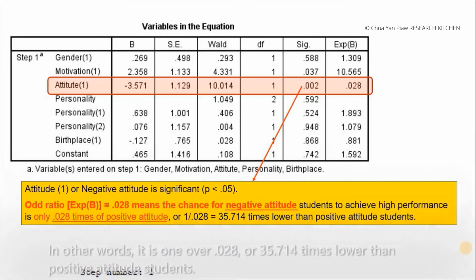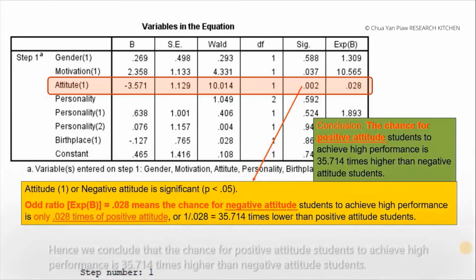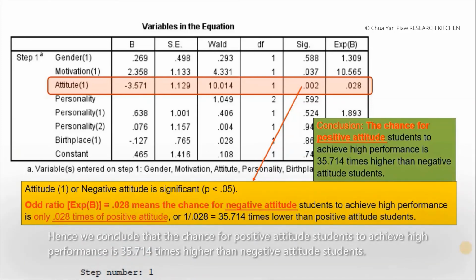In other words, it is 1 over 0.028, or 35.714 times lower than positive attitude students. Hence, we conclude that the chance for positive attitude students to achieve high performance is 35.714 times higher than negative attitude students.